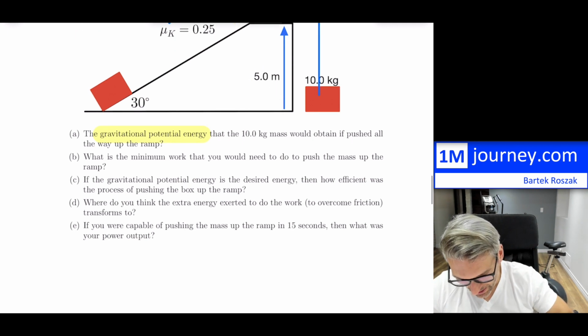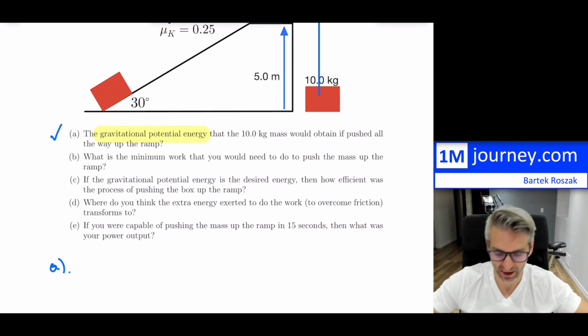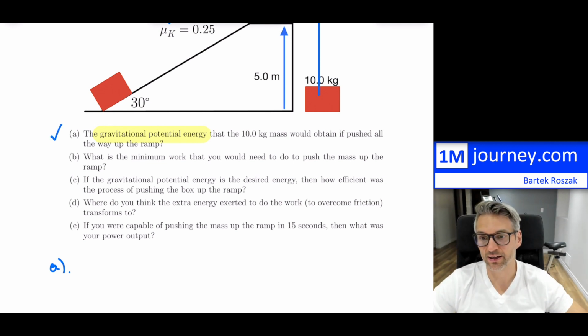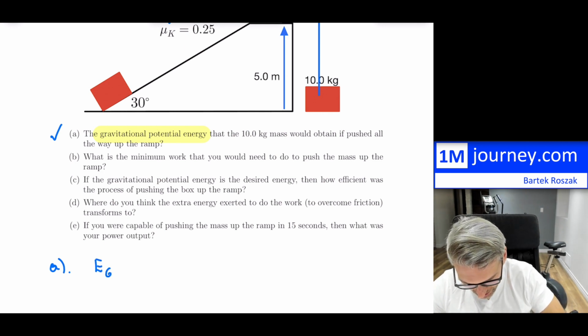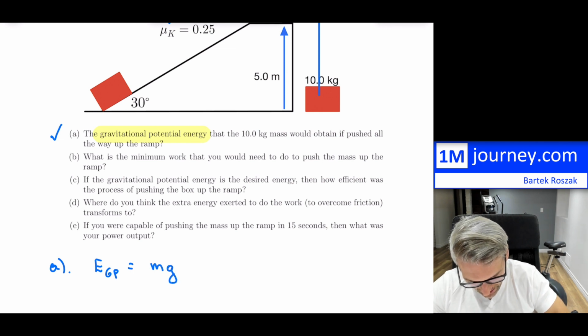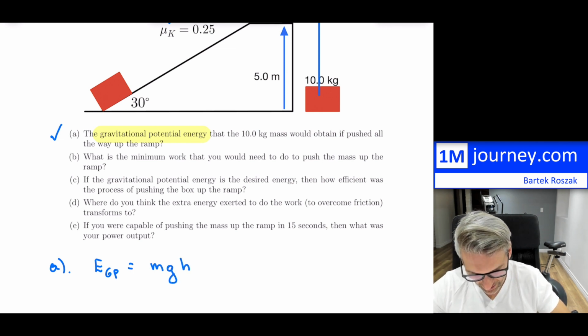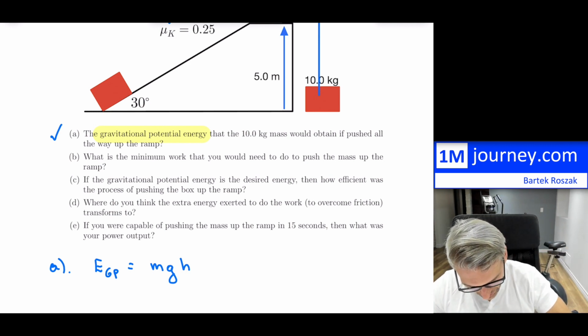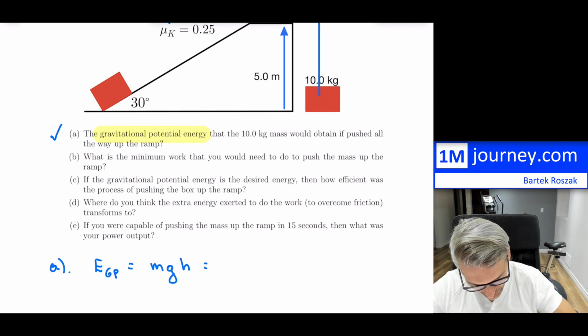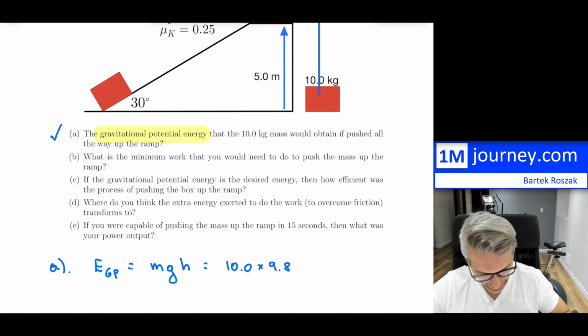In order to do that, I actually don't need to calculate the actual pushing up, at least not as of yet. But I do need to find out what the gravitational potential energy is. That is just mass times gravity times the height, or the displacement in the y direction. So this is going to be 10 kilograms times 9.8 or 9.81, whichever one your teacher uses.